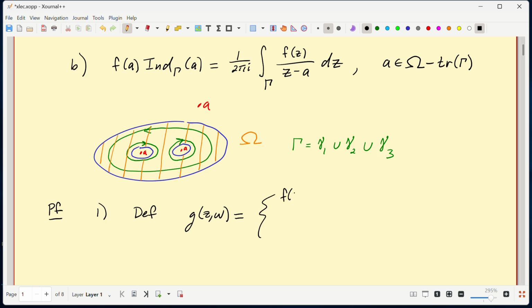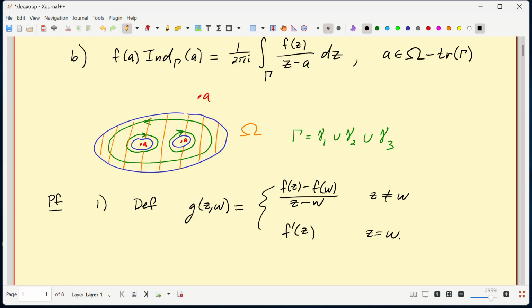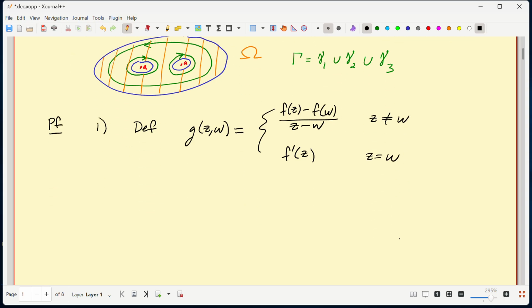It's a difference quotient when Z is unequal to W, and it's equal to F prime when Z equals W. And last time I showed you, in a very elementary way, that G is continuous on omega cross omega, kind of like the proof of the fundamental theorem of calculus. So that was last time.